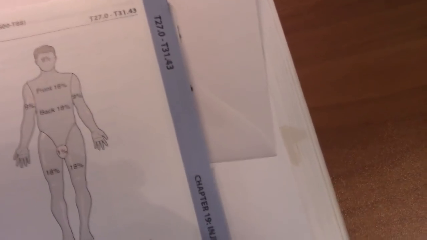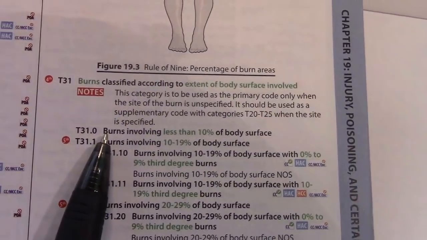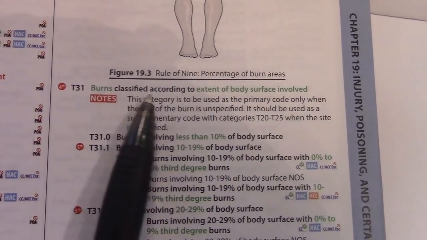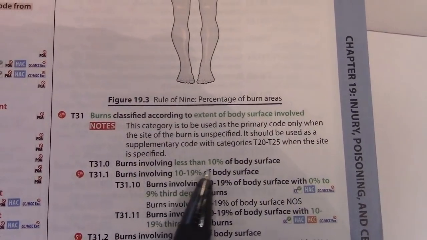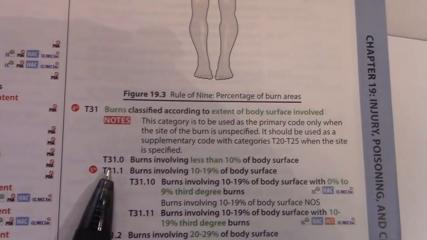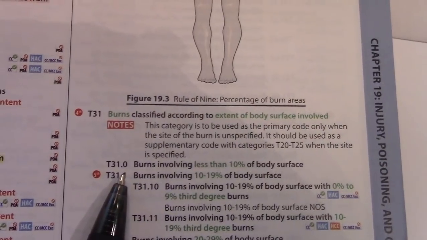So when I go to T31 to identify the extent of the body surface involved, because this is just of the hand, we're at 9%, I know that for the T31, I need less than 10%, so I need to add an additional code of T31.0.